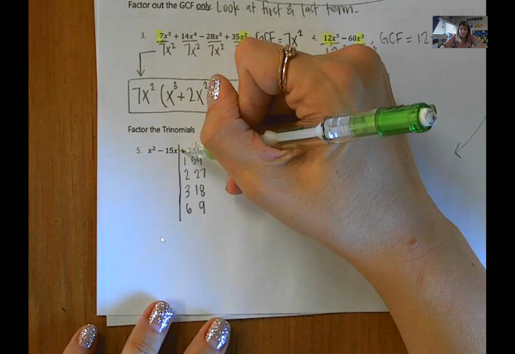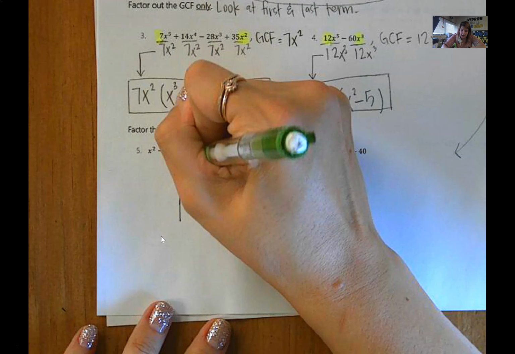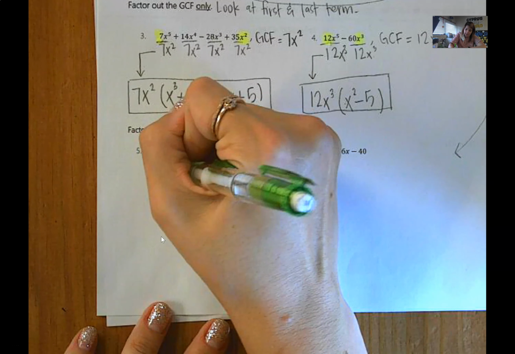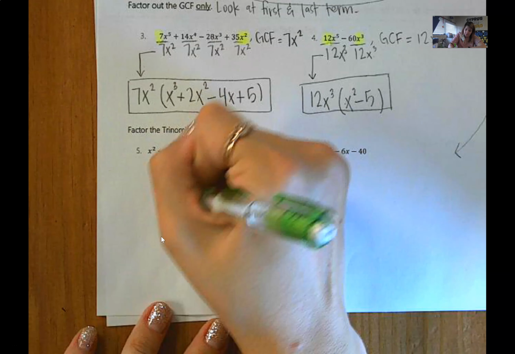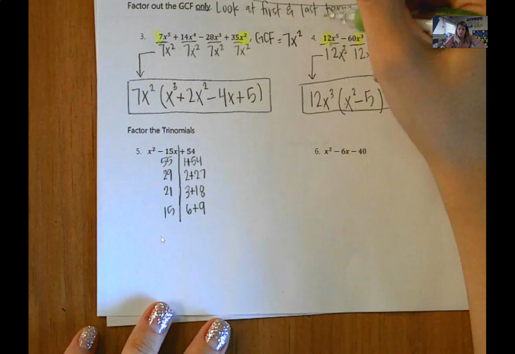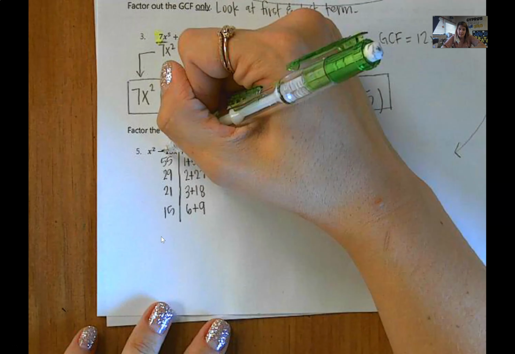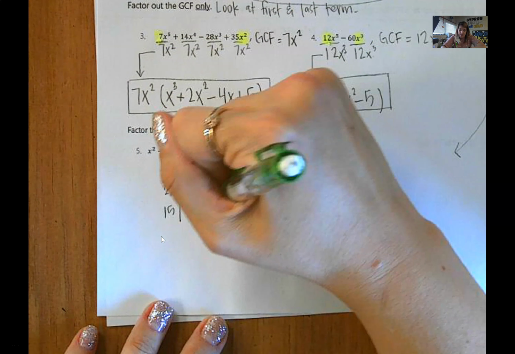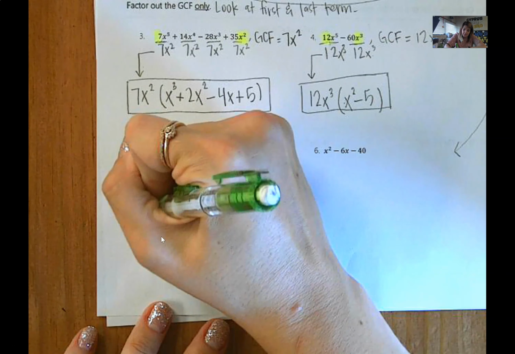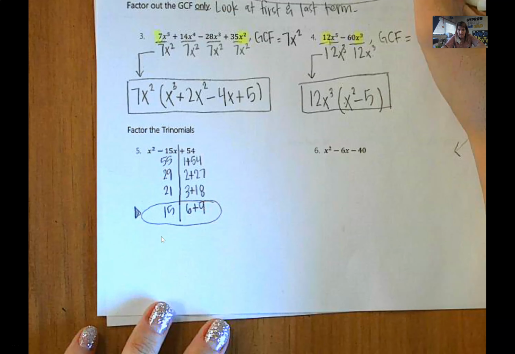This plus sign here tells me that I need to add all my factors. 55, 29, 21, 15. I am looking for a negative 15, but I have a positive 15, which means that I have to change every sign.